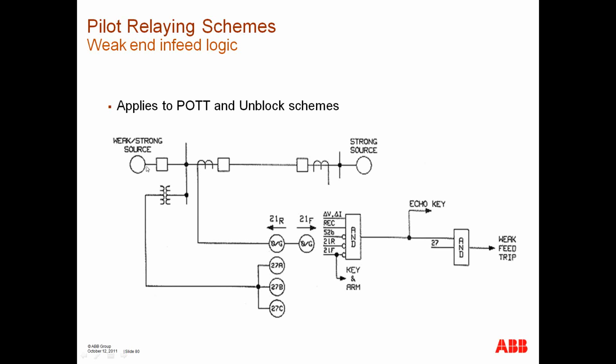It's not on the line. But if you see a low voltage condition and no forward current, then obviously it must be a weak in-feed condition. So you end up echoing a permission from this end back to this end to go ahead and trip the strong source. Okay.